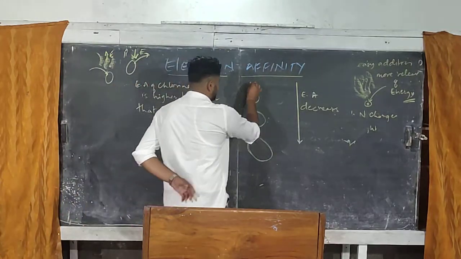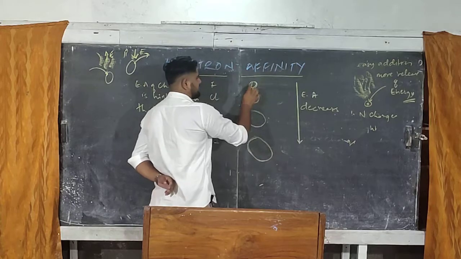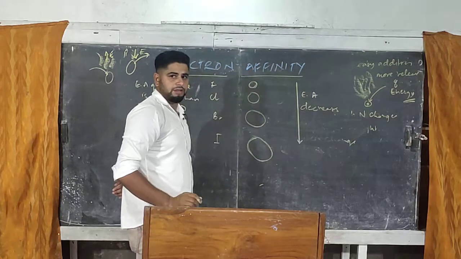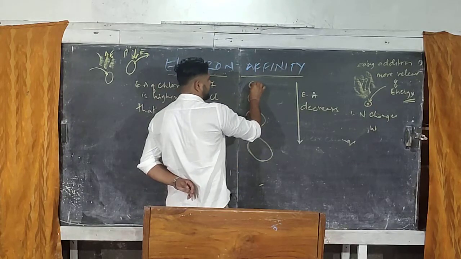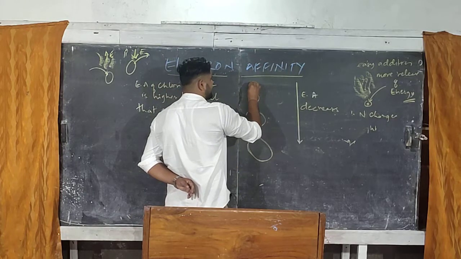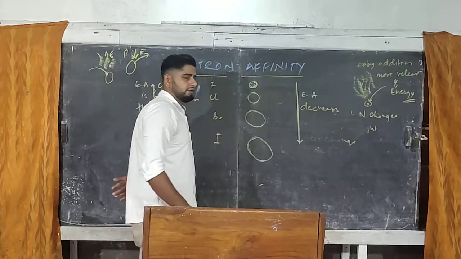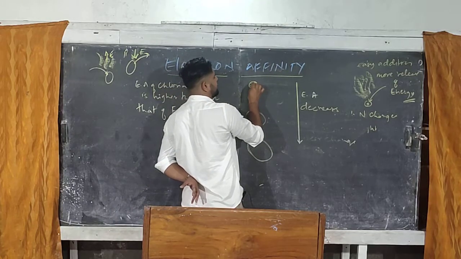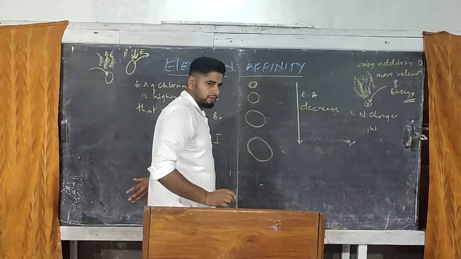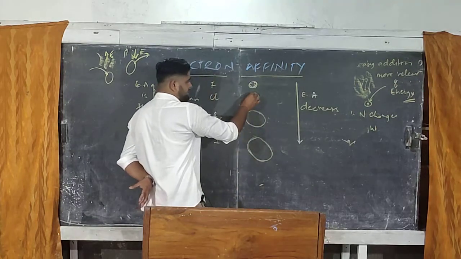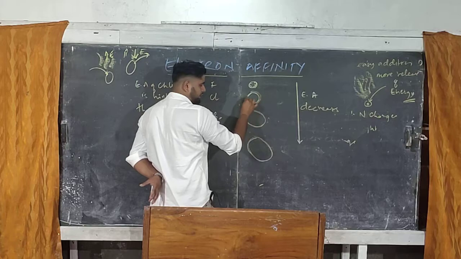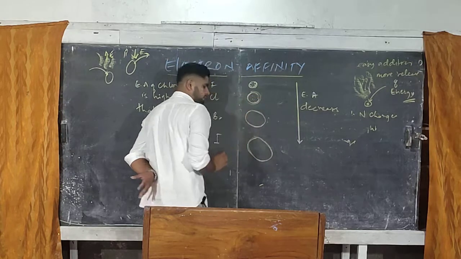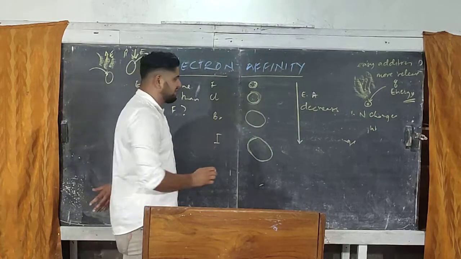See, since this is fluorine, in this small area electrons are residing. Yes or no? So the density of electrons is very much higher here. Since the area of chlorine is somewhat bigger, the density is somewhat less here.